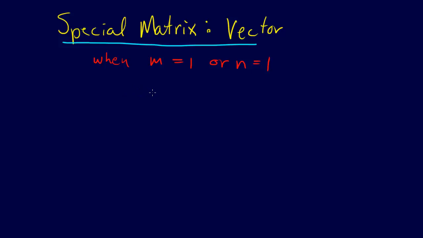that's going to be a 1, and there's no second row, since m only equals 1. It's all in one row, right?